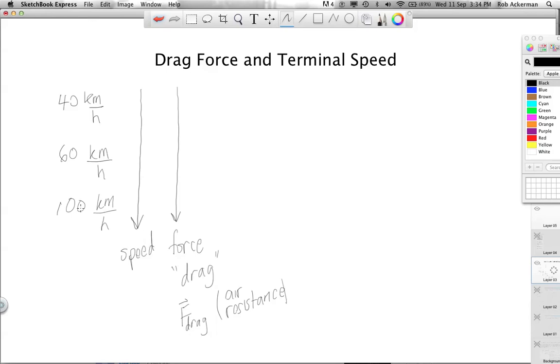Another place you see this is if you watch Olympic skiing, downhill skiing. What do you notice that the skiers do when they really want to go fast? They tuck their body in and they try to make their profile as small as possible. So what is this telling us?